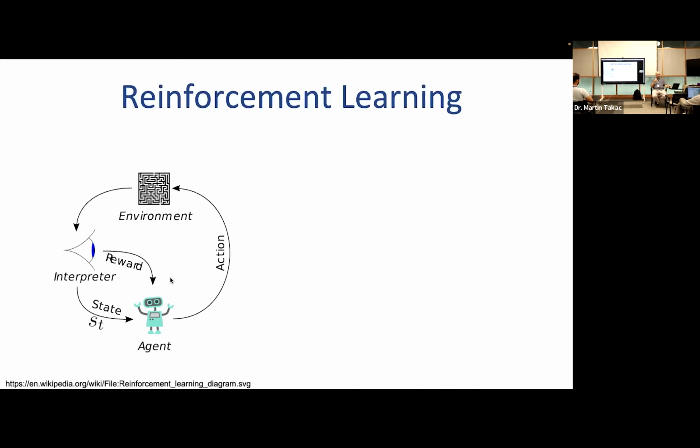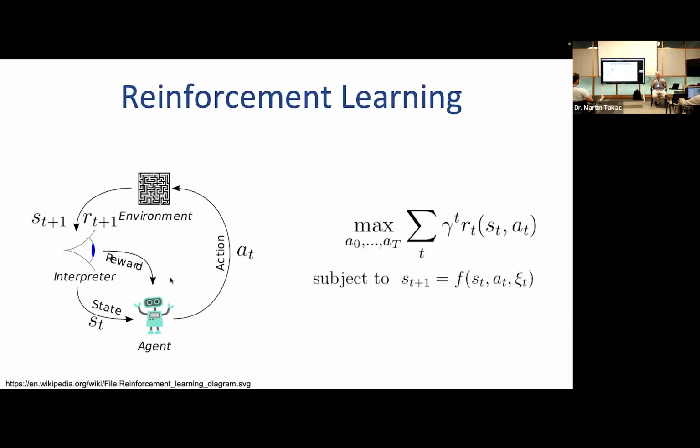The goal of this game is to choose the action in such a way that you maximize the cumulative reward from beginning until the end. And there is some transition: if you're in the current state and you choose some action, you will get to some new state. There could also be some randomness inside, okay? So that's the RL.